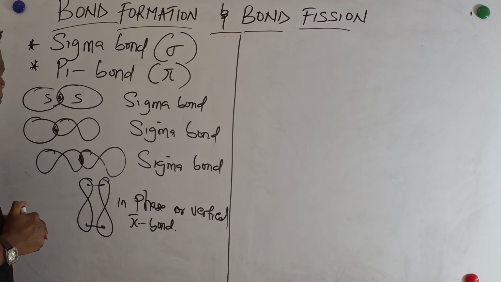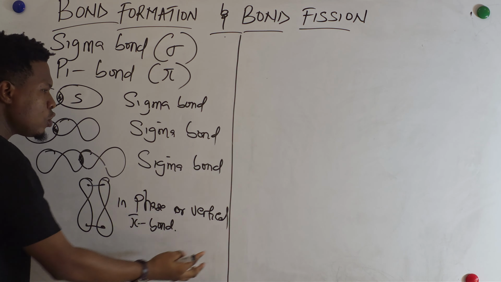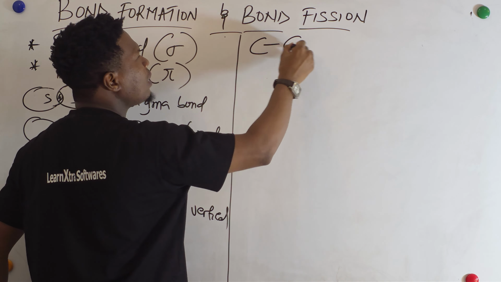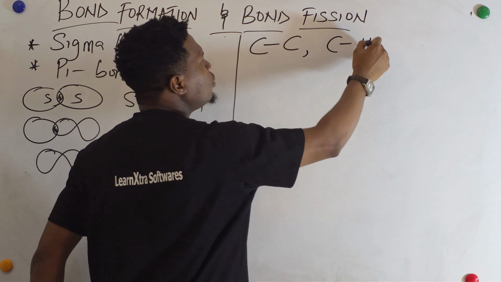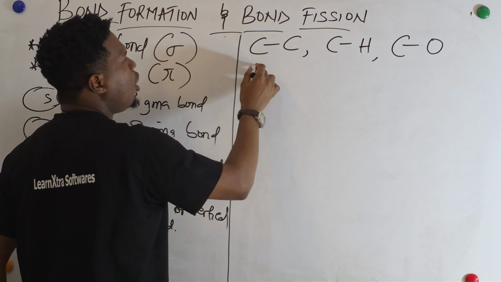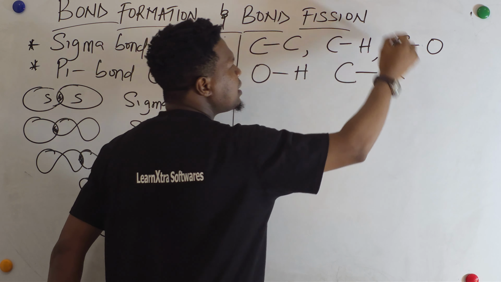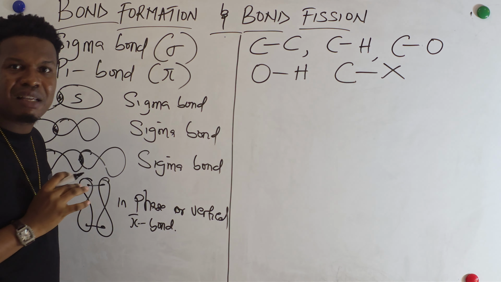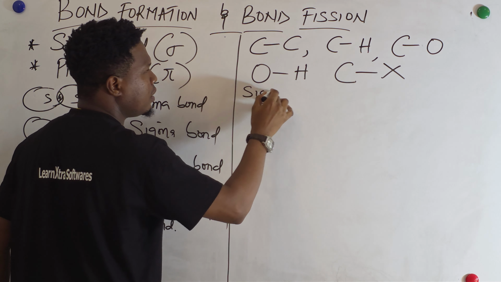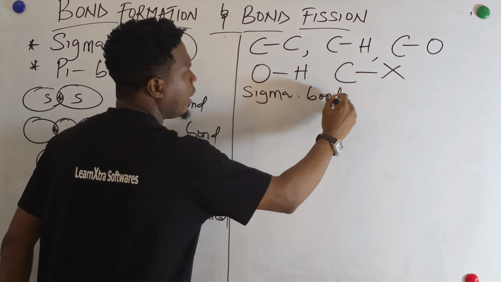So in summary, what we have done so far is that you have to understand that every carbon to carbon, every carbon to hydrogen, every carbon to oxygen single bond, every oxygen to hydrogen single bond, every carbon to halogen single bond are all sigma bonds. Okay?